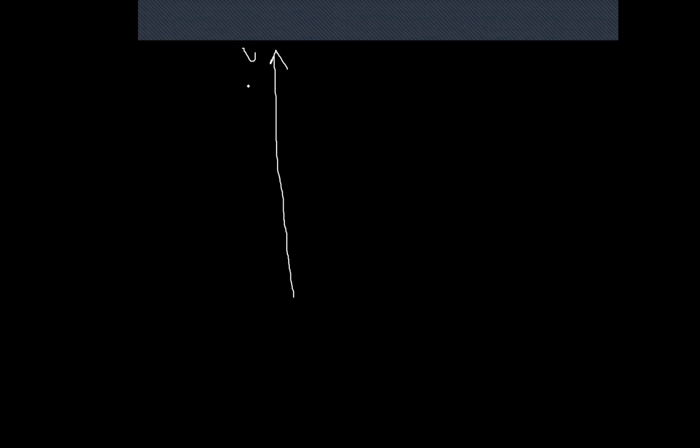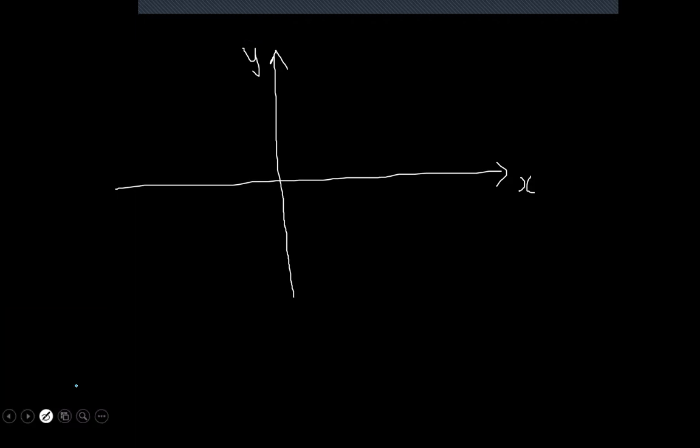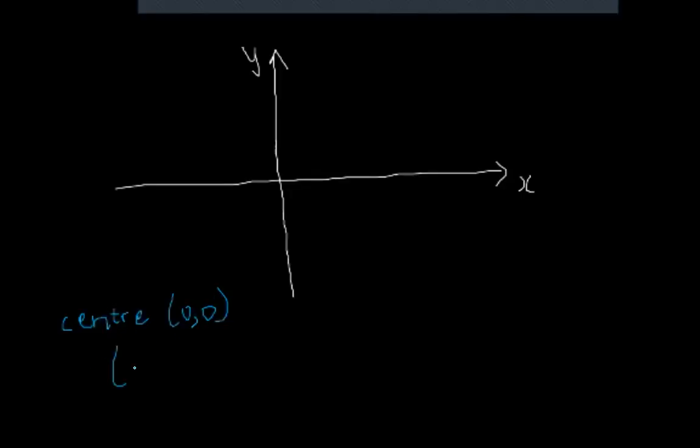Y-axis, x-axis. Let me just write down the information here. The center, we know, is the origin, which is 0, 0. And then they gave us the point 1, 2. They said that's a point on the circle. This is my center because this is where the origin is, the intersection between the y-axis and the x-axis.